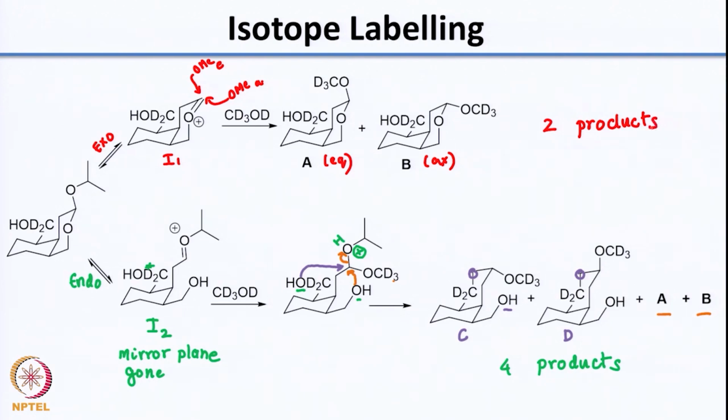So, using this model system and analyzing the ratio of the products, you can figure out whether it is the exocyclic pathway or the endocyclic pathway.